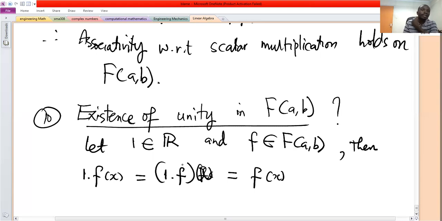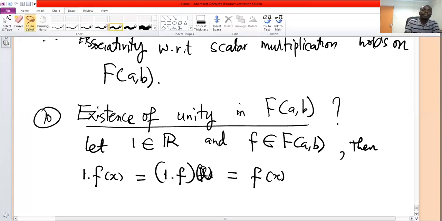Product of real numbers is a real number.